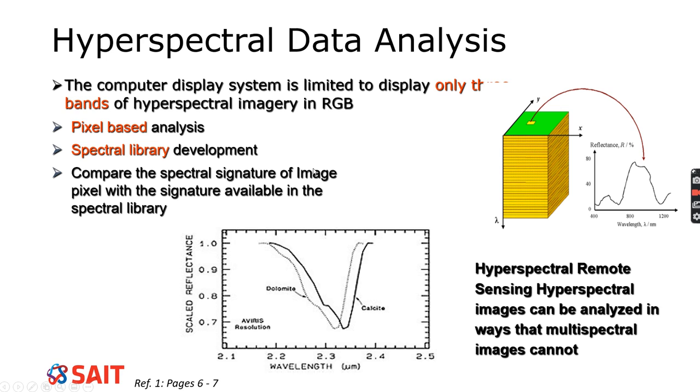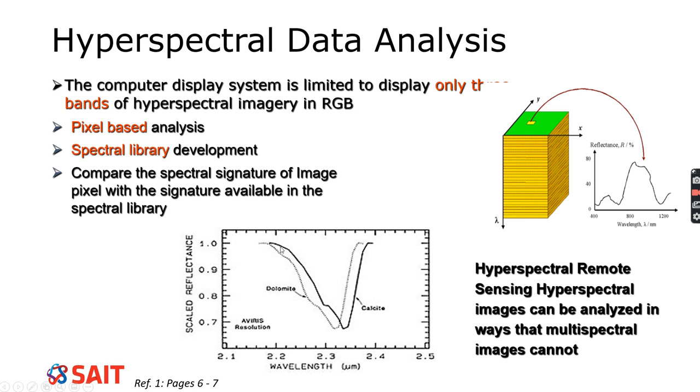And so we use a pixel-based analysis, and we use something called a spectral library. So those of you who've used a spectrometer, we're creating spectral signatures using the data that we get for every single pixel. So we get one of these nice graphs showing us the reflectance and the wavelength.